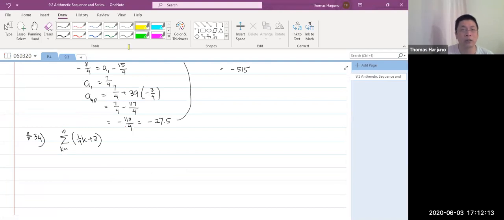Notice that this looks like a linear function, right? Just make sure that the indexing k is the k that you have here. Okay, make sure it matches.